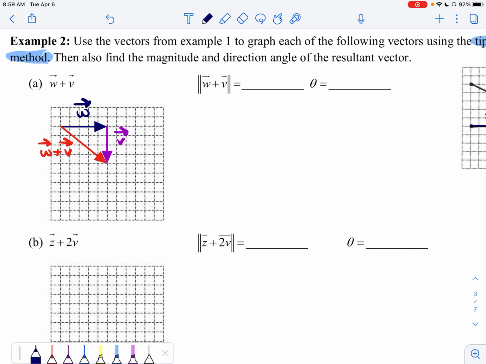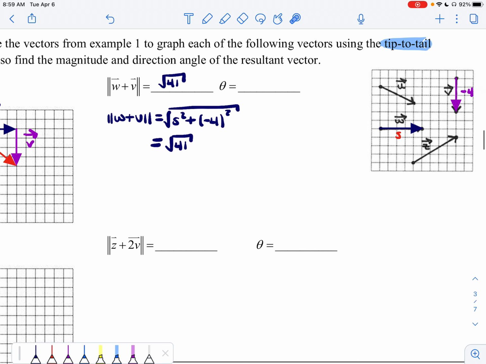So the magnitude of W plus V, using Pythagorean's theorem, is the square root of 5 squared plus -4 squared, which comes out to the square root of 41.